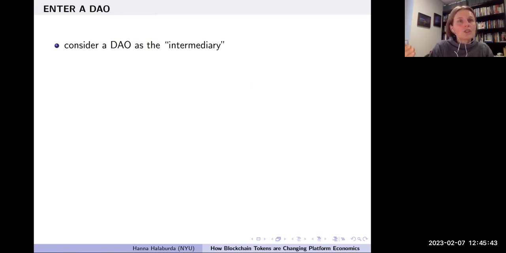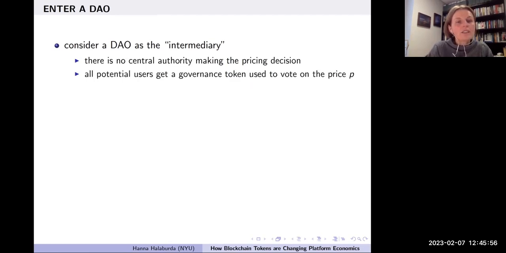It could be a decision whether to sell our data or whether to allow advertising, and so on. So consider a DAO where there is no central authority making the pricing decision, but instead all potential users get a governance token and they use this token to vote on the price P that will be used to access the platform. Okay?